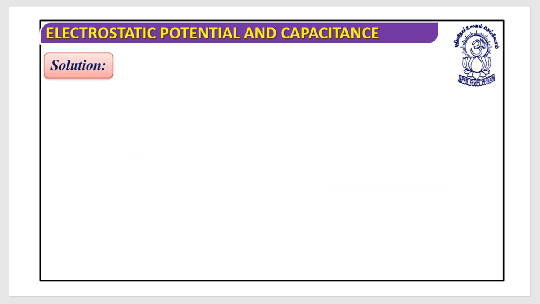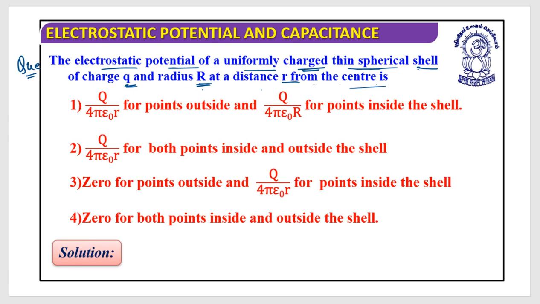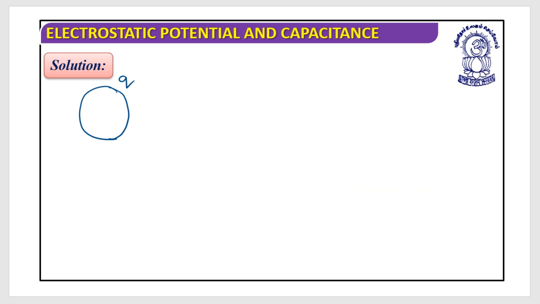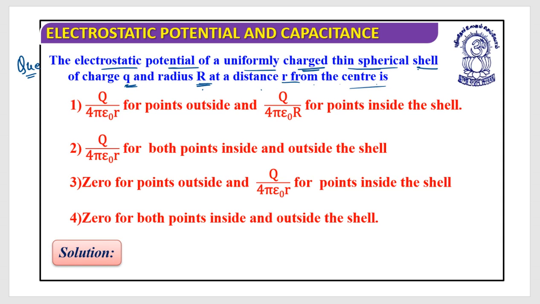So what they want? This is a spherical shell and it is given a charge q. This has a radius of R and they want it at a distance r from the center.